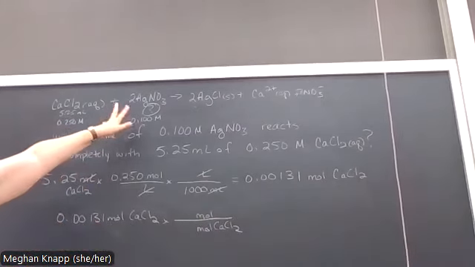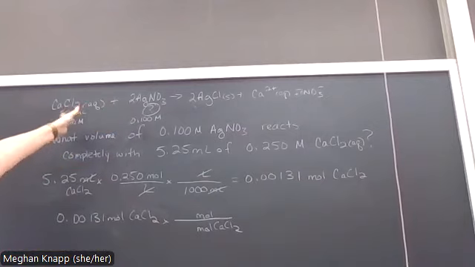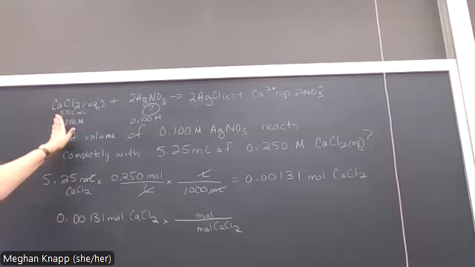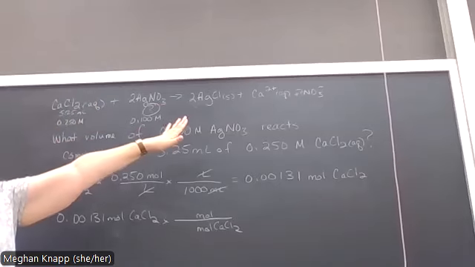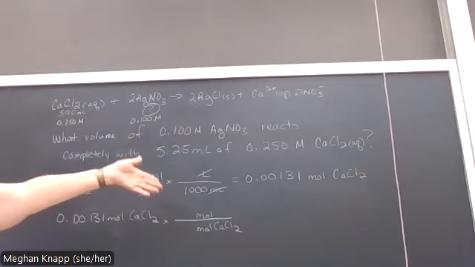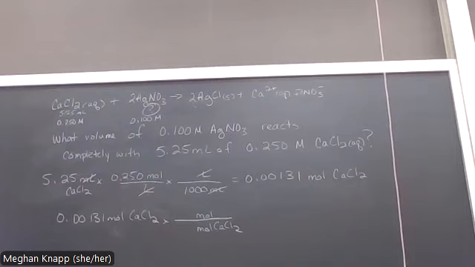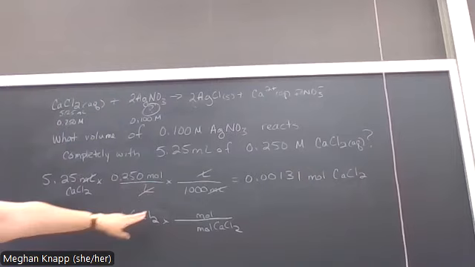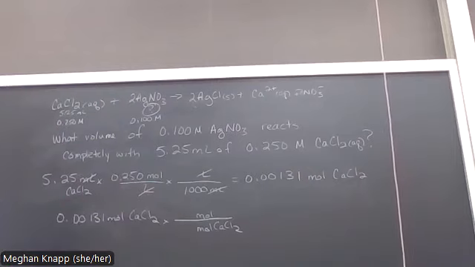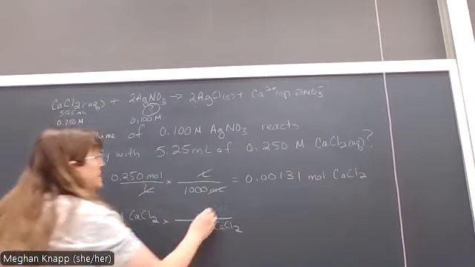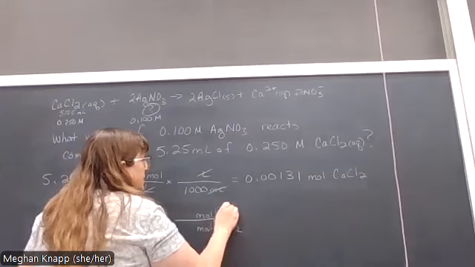Now, once we get beyond solutions, they're not always going to be reactants. Sometimes one will be a reactant and one will be a product. Sometimes the known will be the product, sometimes the unknown will be the product. So you need to pay attention to which one the question is asking about. The one that goes here is what I'm trying to find information about. So that's my silver nitrate.